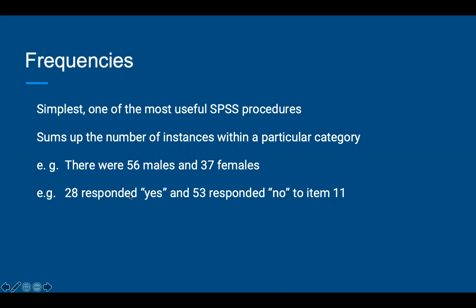Another example could be that 28% of individuals in your study responded yes to item 11, and 53 responded no to item 11. So it's giving you that kind of data that can be very useful. It's not going to compare anything or relate anything.